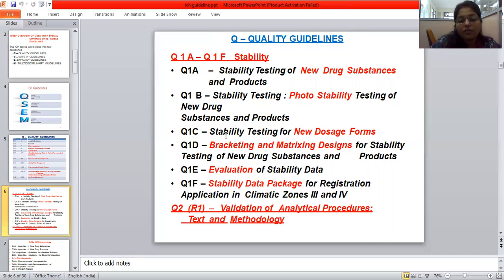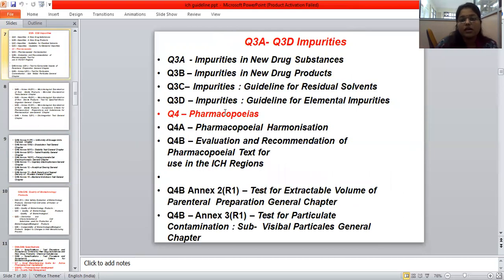So in our analytical validation topic, we can refer to the ICH Q2 R1 guideline in a descriptive way for how to go about analytical validation. Also, we have the guideline for impurity.